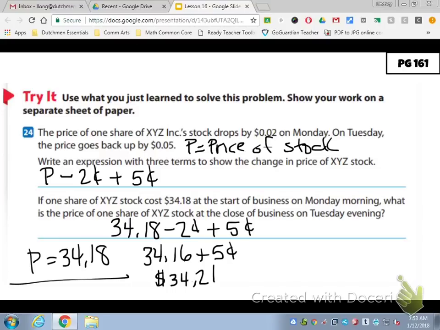So I put $34.18 minus 2 cents plus 5 cents. Work left to right because I have both addition and subtraction. So I do $34.18 minus 2 cents to get $34.16. Then I bring down my plus 5. Then I add $34.16 plus 5 cents to get a total at the end of the day on Tuesday of $34.21.